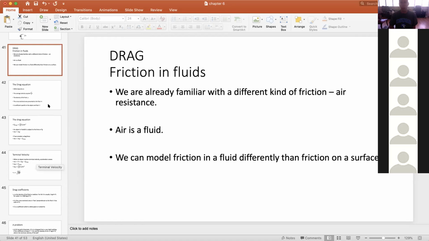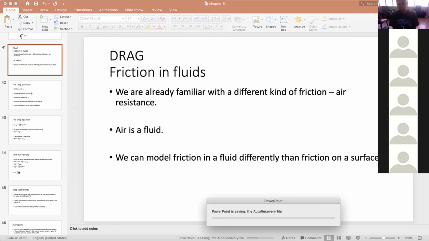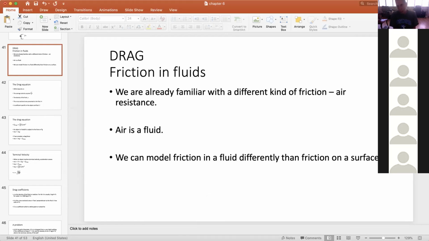All right, so here's something that I want to touch back to from the beginning of this chapter. When I said that friction is like a simplified model, we can actually make a really hard model, and your book does, for fluids. Now, a fluid is anything, a gas or a liquid, that you can move freely through. There's a long definition of what a fluid is that we'll talk about when we get to the fluid chapter 14.